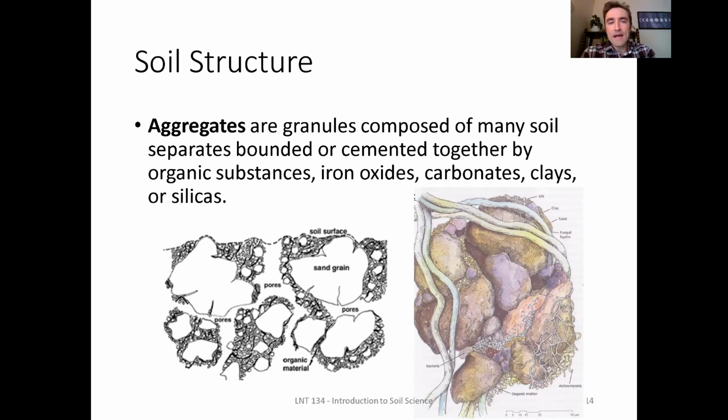So as we can see, aggregates are granules that are made up of many soil separates bound or glued together by the organic matter. So take a look at that painting on the right-hand side with the different colors and the roots. It's actually even showing you bacteria and fungal hyphae in there as well. It's holding all those particles together.